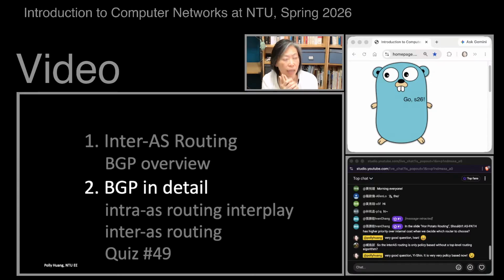Recall yesterday I asked you guys whether you would prefer doing the PV, path vector announcements, or reachability information through UDP or TCP or TLS. Some of you say UDP because there's no connection setup cost.